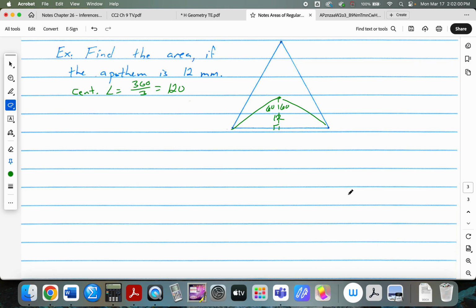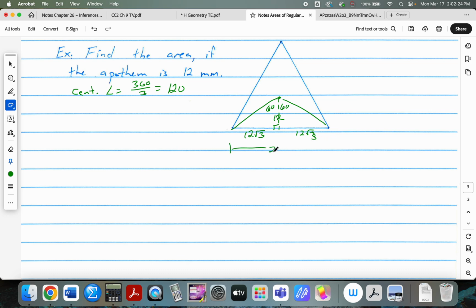In this case, I've got a 30, 60, 90 triangle. And we've got the short leg. So just like in the other one, to get from the short leg to the long leg, the short leg is x, the long leg is x square root of 3, so this is going to be 12 square roots of 3, and so is this.